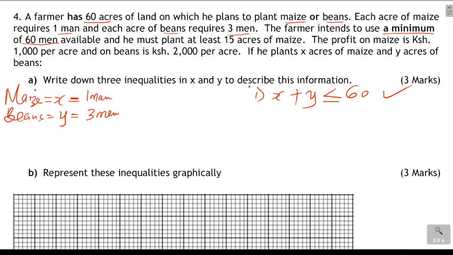Each acre of maize requires 1 man. Each acre of beans requires 3 men. So in total, the acres for maize will require how many men? If 1 acre of maize requires 1 man and you have X acres, we require X times 1, which will be X. So for maize, it requires X men.